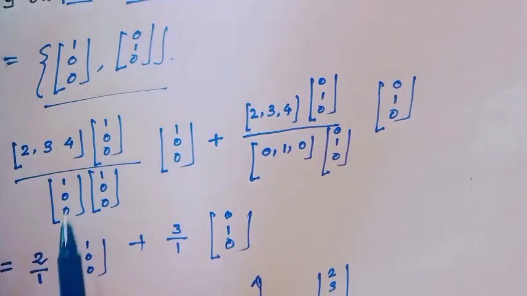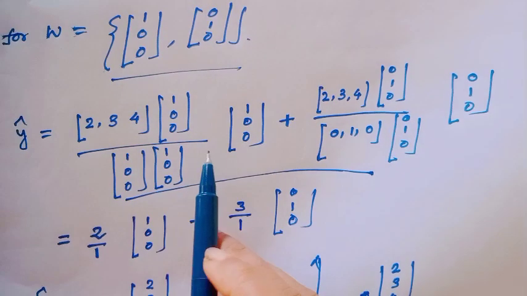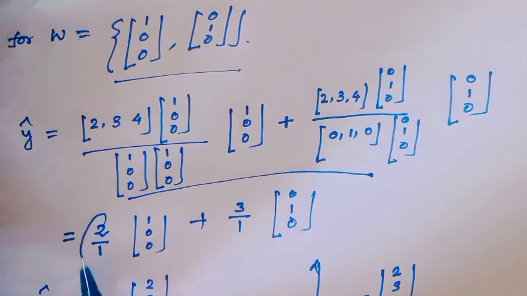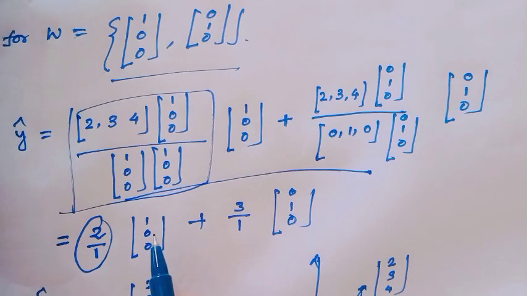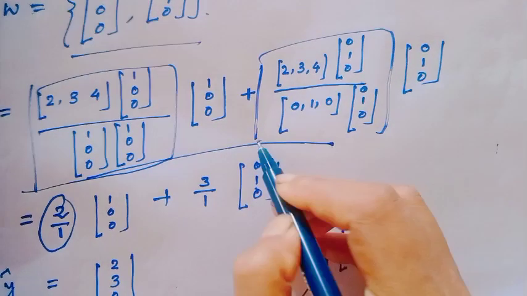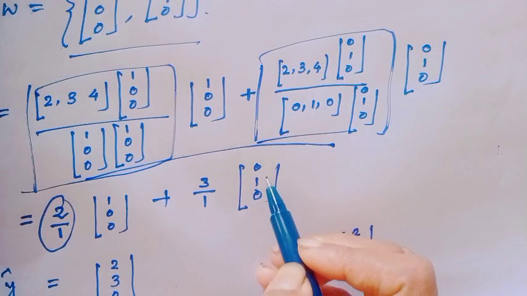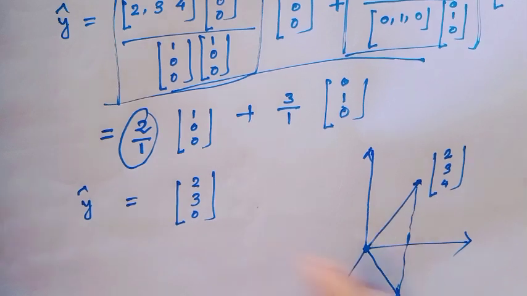Are you getting the formula? Now calculate the value. This would be 2 over 1 times the vector 1, 0, 0, and 3 over 1 times the vector 0, 1, 0. Then y cap would be the vector 2, 3, 0.